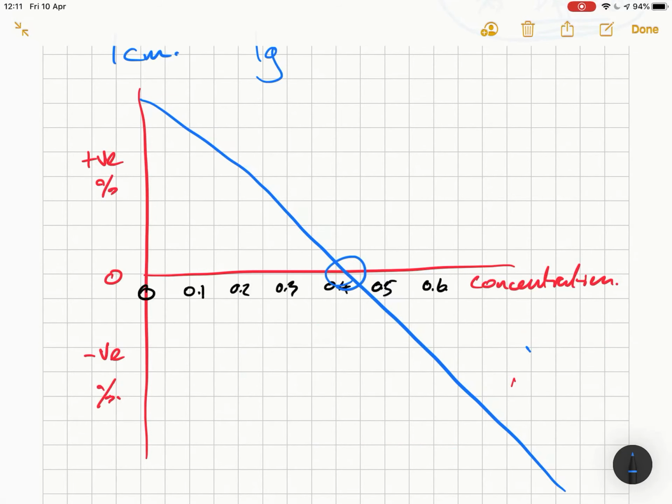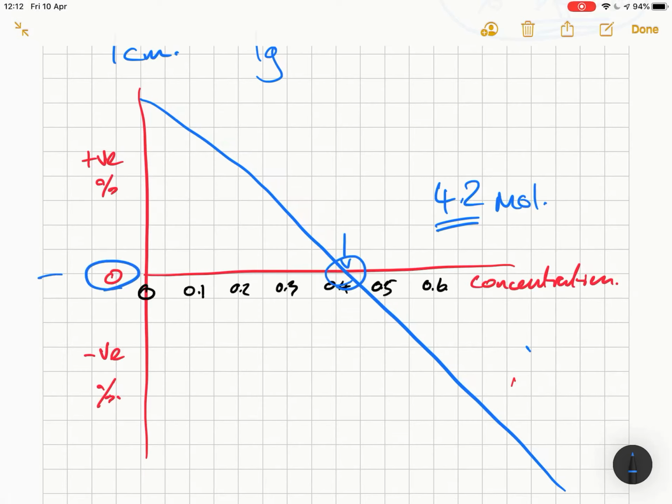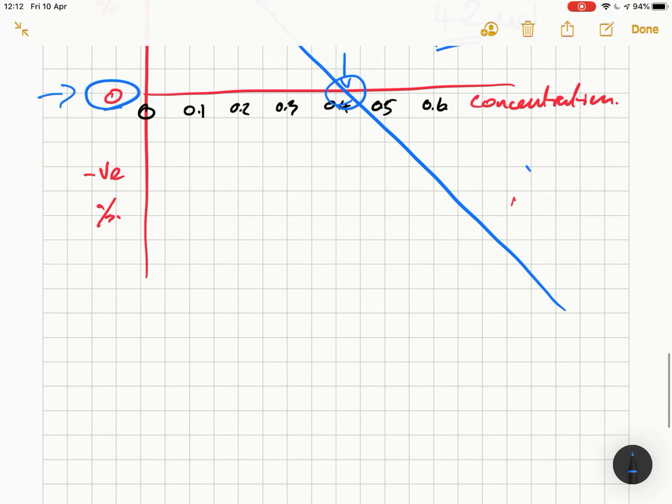However, this graph also allows us to interpret something. It allows us to interpret this point here, that exact value, which on my graph is about 4.2 in made up data world. So 4.2 moles would be the concentration where we have 0 percentage change. There's no difference.